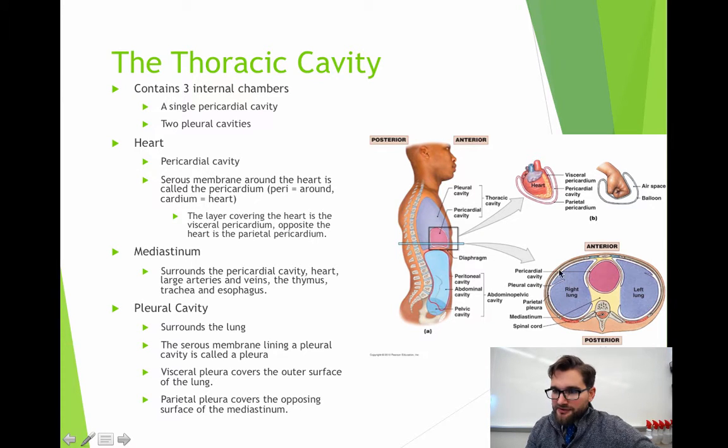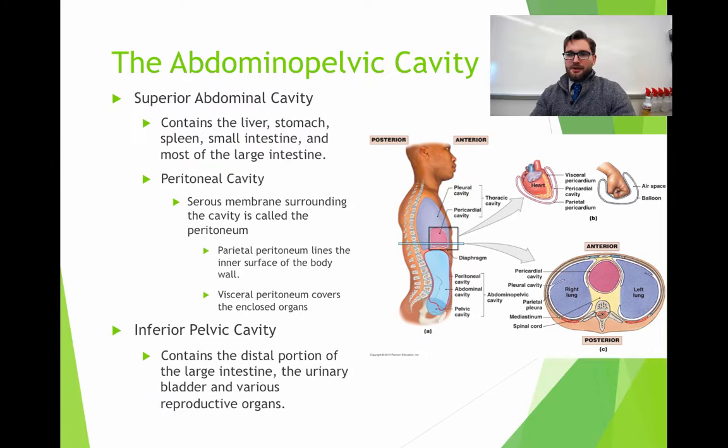In this picture, we also see the pleural cavity. The parietal pleura would be away from the lung. And the pericardial cavity is here.